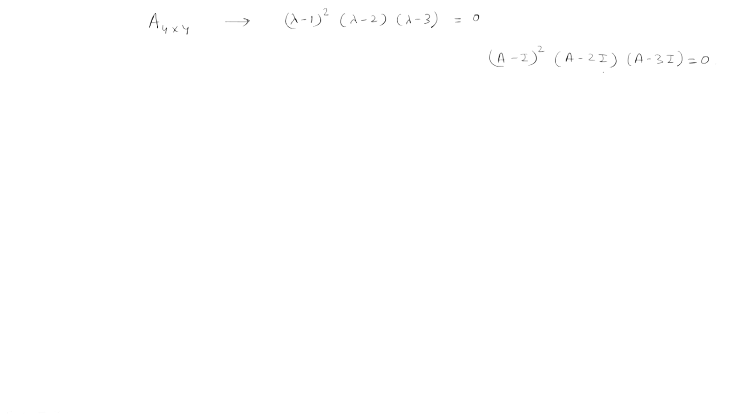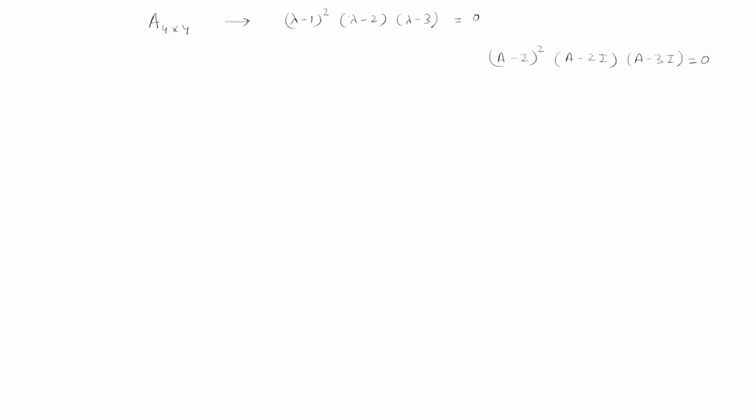So, hence this will also be equal to 0. Now, minimal polynomial is the lowest degree polynomial which is to be satisfied by the matrix itself. You see, what is the degree of this polynomial? Degree of the polynomial is 4.